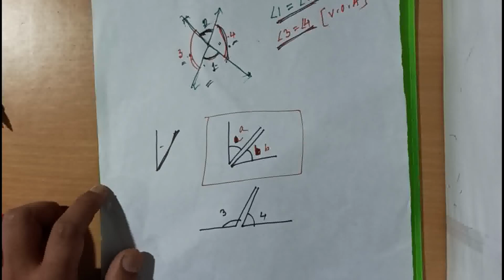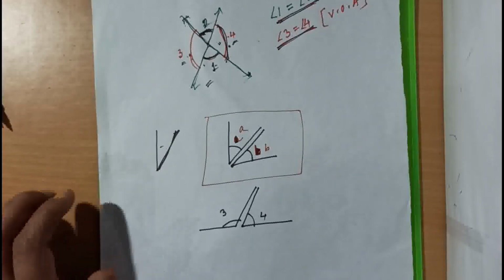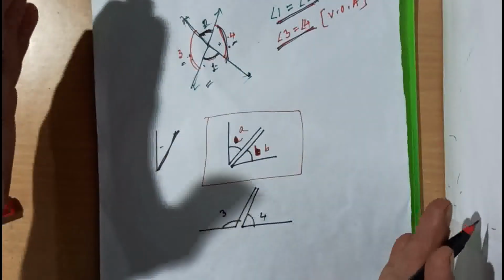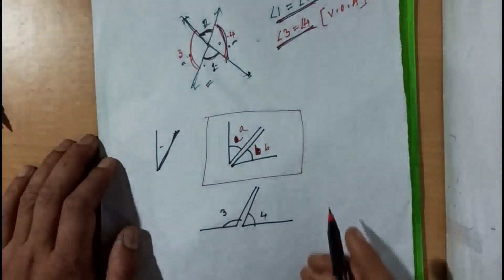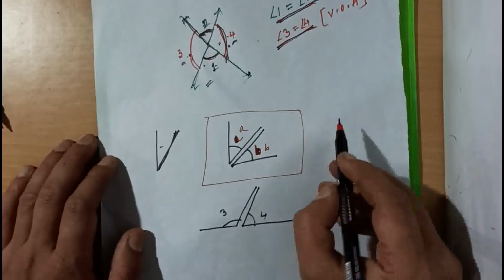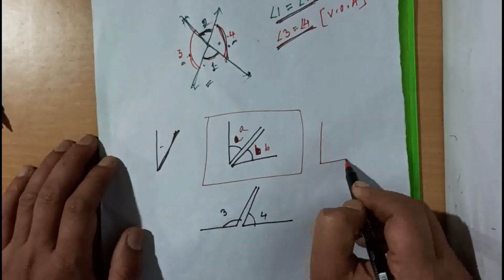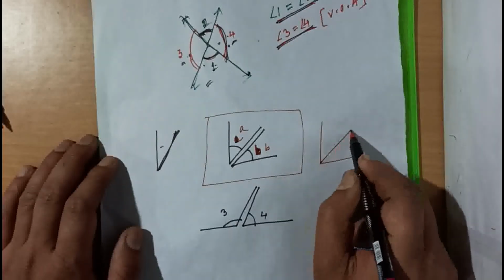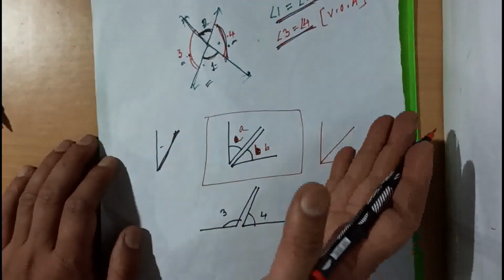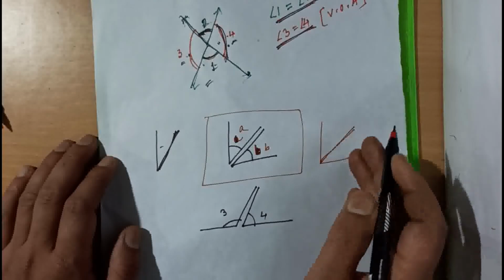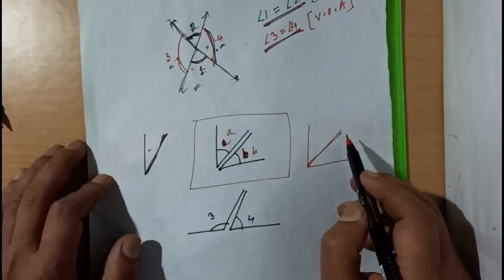Now if you bring this angle closer and closer, if you push this angle from this side and this angle from this side, that means if you bring them closer, then they will become like this. Now if you remove this ray, how does it look?